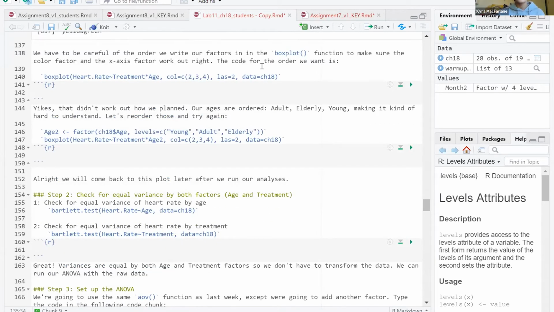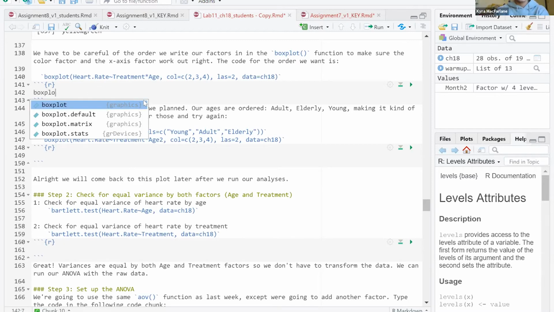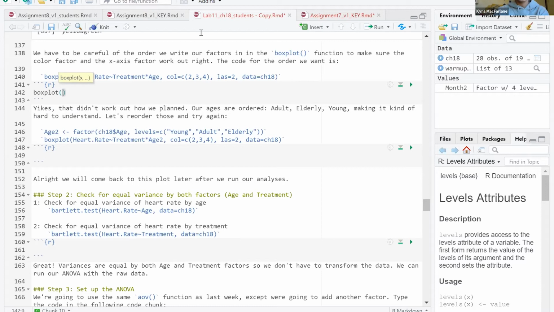All right, so let's take a look at the box plot for this problem, making sure that we put our treatment and age in the order that we want them to be in. So copy this or type this out. I recommend you actually type it out so that you get it in your muscle memory. Ignore these little quote things around it again. There is a reason for them, and I will again explain why at the end of class.